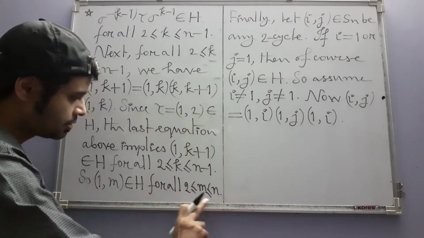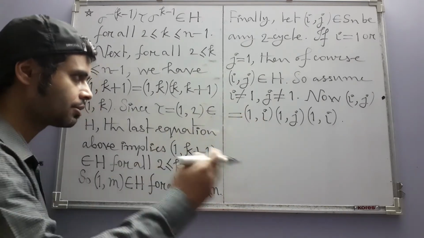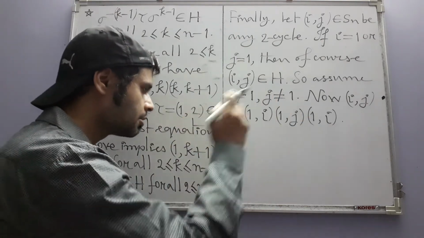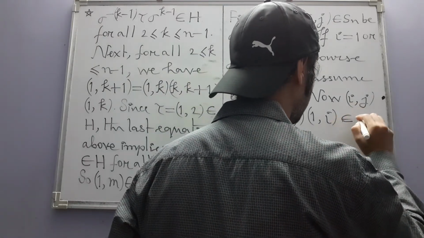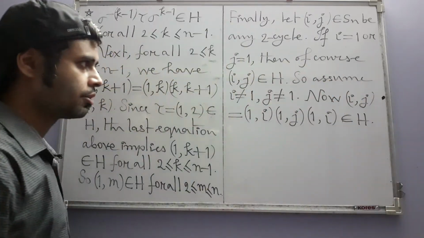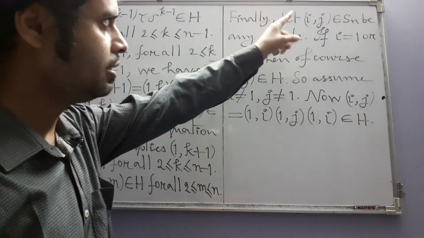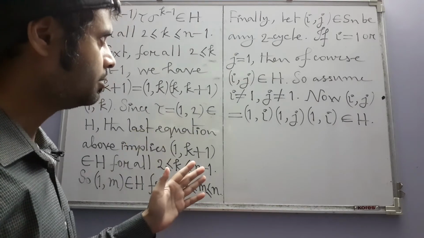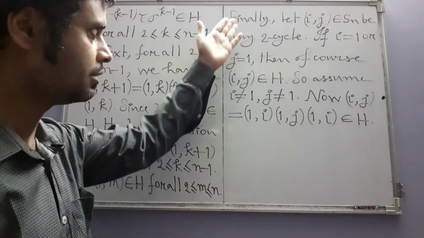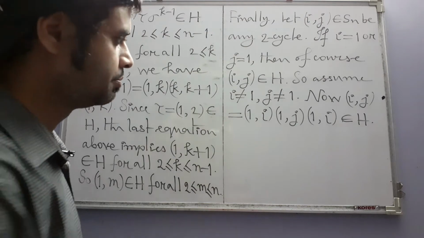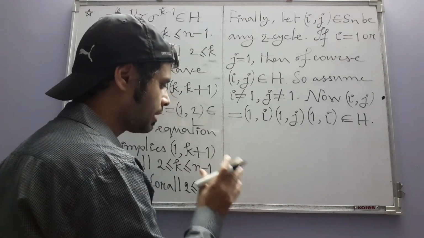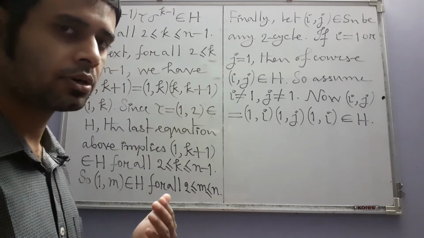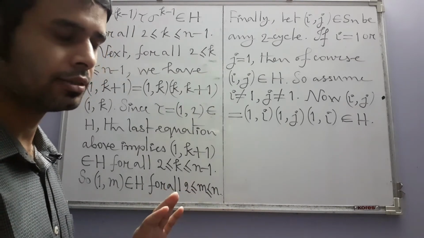Now from this sentence we know that any (1 something), where that something is not equal to 1, is in H. So this thing belongs to H. So that means we have proved that any 2 cycle in Sn is in fact in H. And now finally, we know the fact that any permutation whatsoever in Sn is actually a product of some 2 cycles.